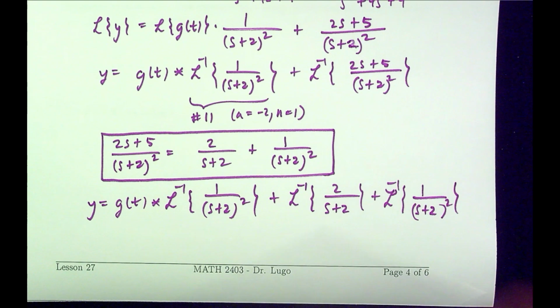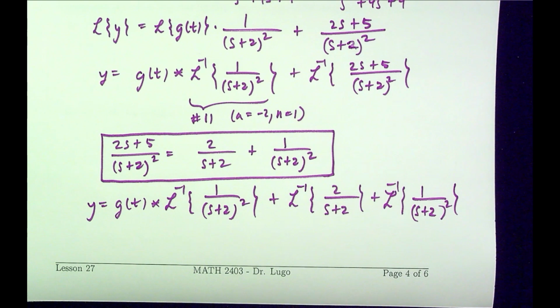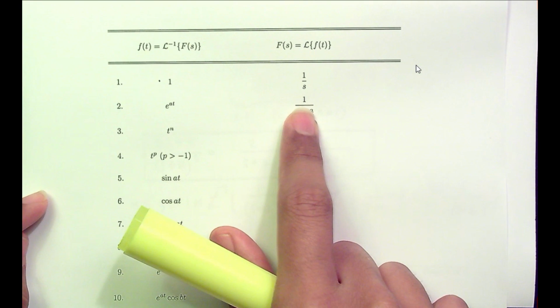Okay, now when we look this up in the table of Laplace transforms, you're going to find that this is number 2, but we have to pull out the 2 from there, because if you look at the table for number 2, there is a 1 at the top.